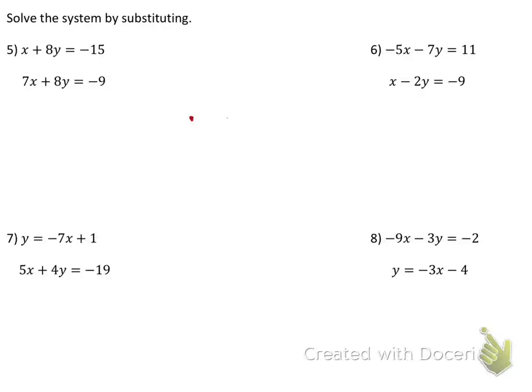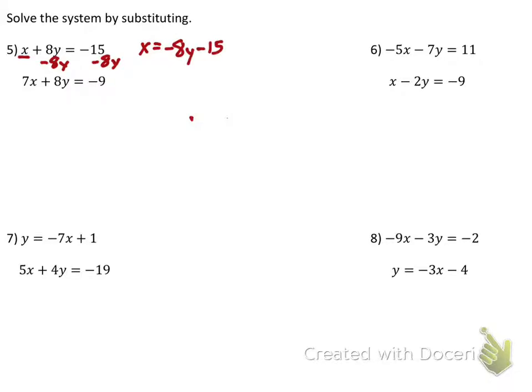So what you want to do is you want to get an x or a y by itself. I see x is already alone by itself, so I'm going to minus the 8y on each side. And I'm going to get x equals negative 8y minus 15.